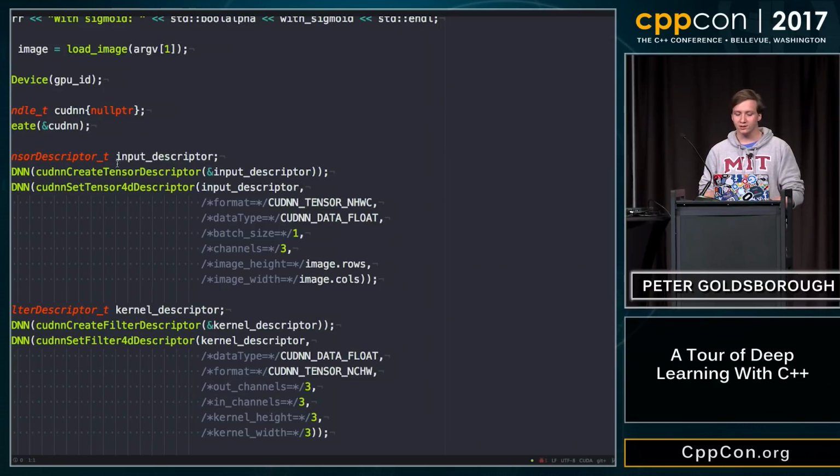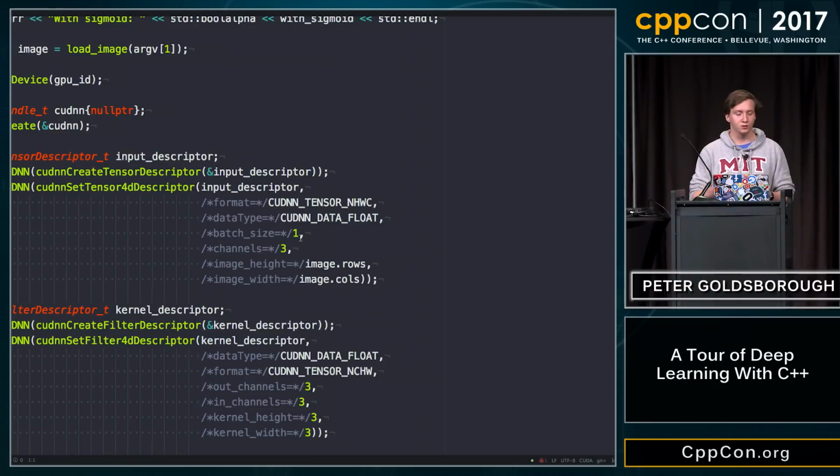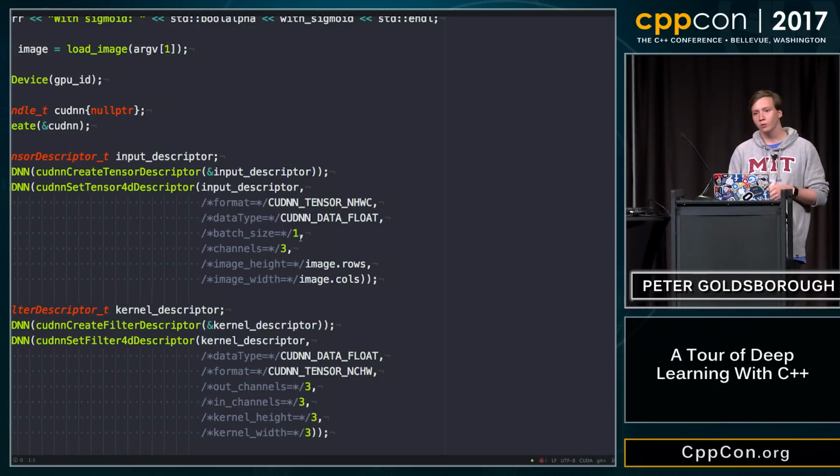And so cuDNN operates with those tensors. And what we need for a tensor essentially is to describe the way it's laid out in memory. So in this case, for example, we would say how many rows it has, how many columns it has, how many channels it has, and also because cuDNN usually operates on batches, we can also say how many images we have in a single tensor.